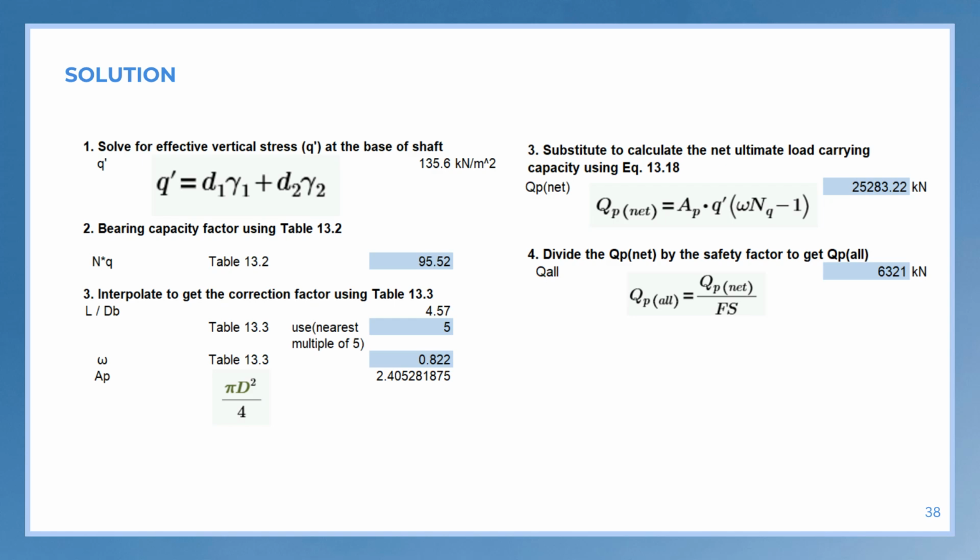Finally, dividing by the factor of safety gives the allowable base load, which is about 6,321 kilonewtons. This result is slightly lower than the previous method, but still provides a practical estimate of safe load capacity.